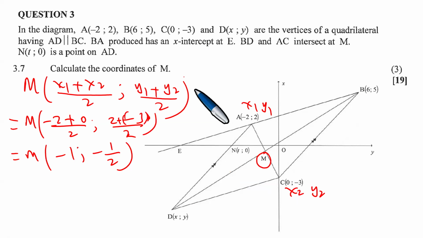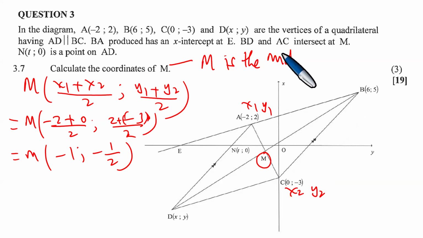Okay, now these are the coordinates of M. So what is M? M is the midpoint of AC. How do we find the midpoint?